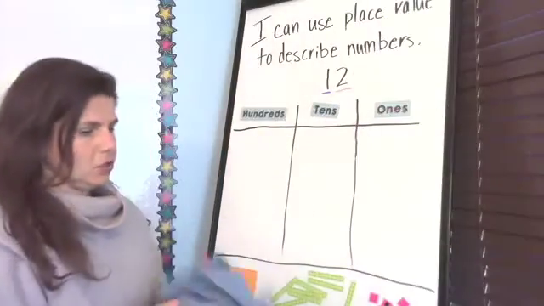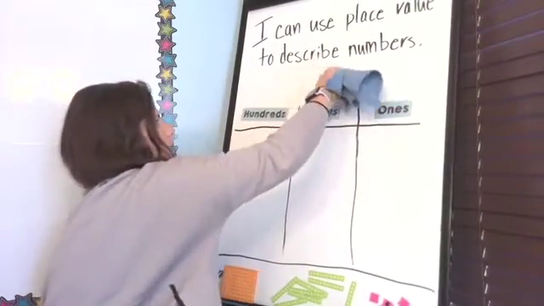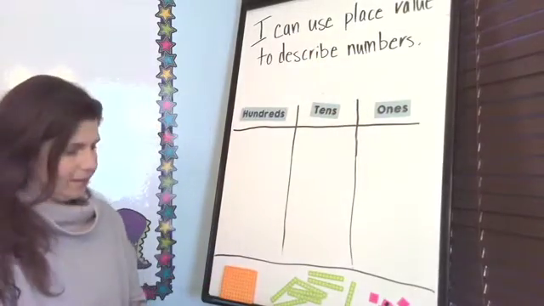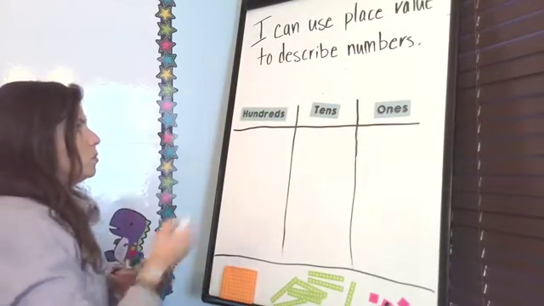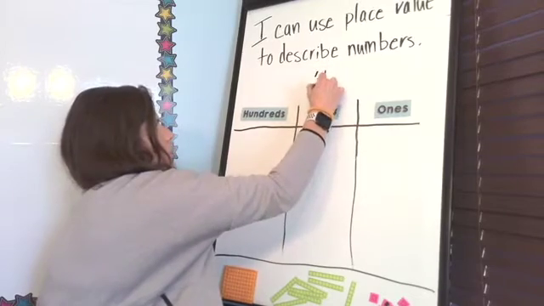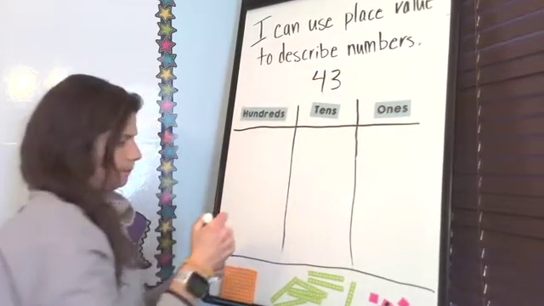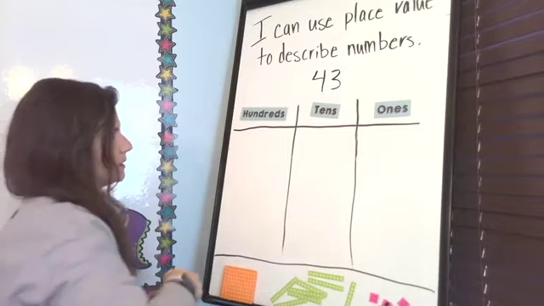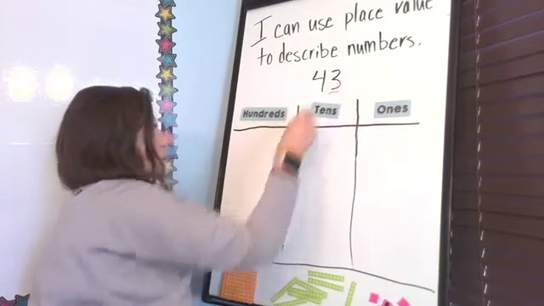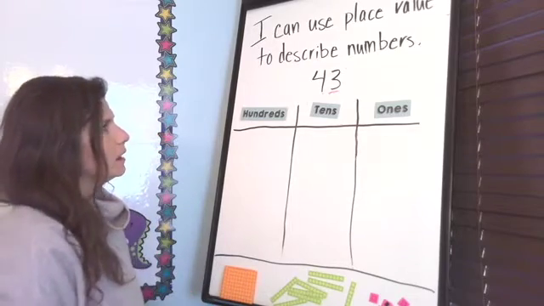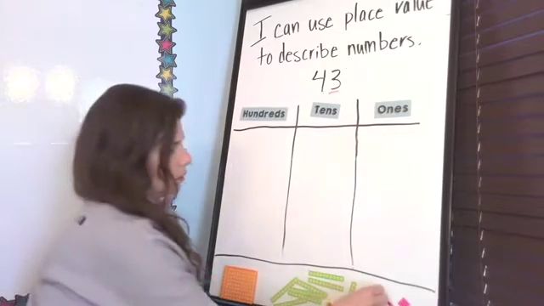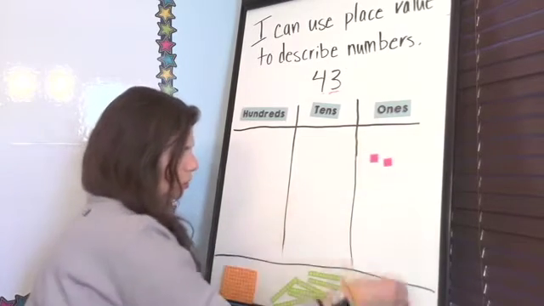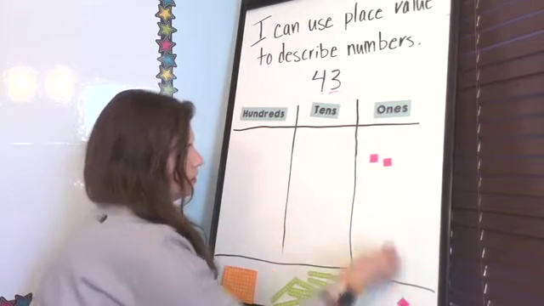So let's try a little bit bigger number. And let's try 43, okay? So let's look at the one spot first, okay? So I know that I need 3 ones. So I'm going to put 1, 2, and 3.